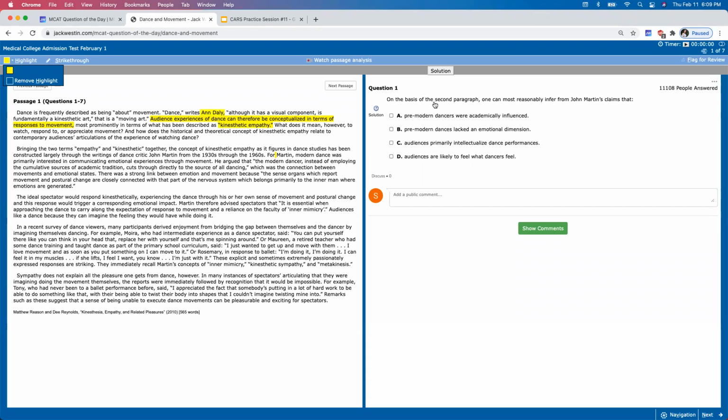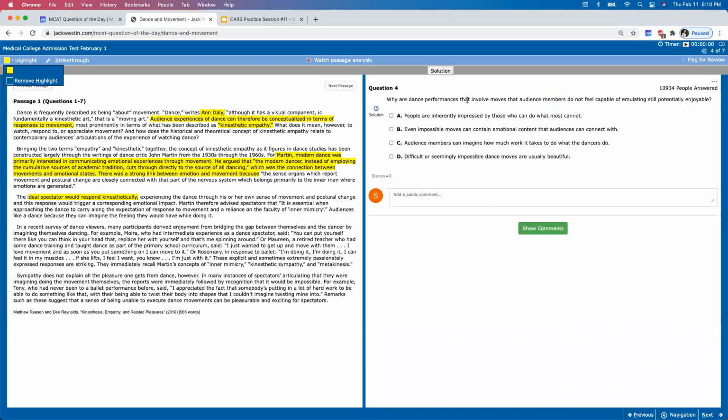Okay, sorry, before I do that, I just want to make sure that we read through the questions. So the basis of the second paragraph, one can reasonably infer from John Martin's claims, which of the relationships is most likely the relationship of dancers to their audiences. Passage suggests which of the following explanations for dance performances the audience do not appreciate.